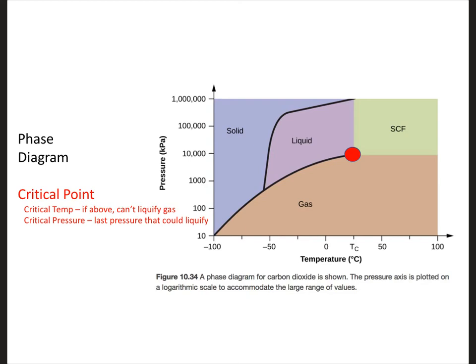So that's why that line kind of ends. So at the critical point, the critical temperature says above that temperature I can't liquefy the gas. The critical pressure is the last pressure that would have been able to liquefy that gas. So at the critical point, which happens between liquid and gas, we have both a critical temperature and a critical pressure.